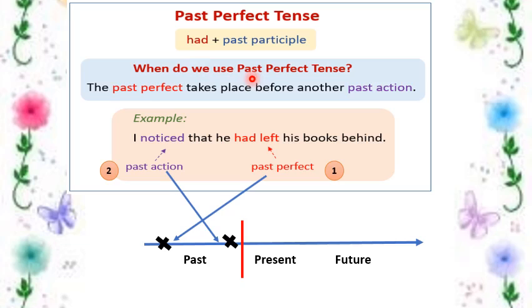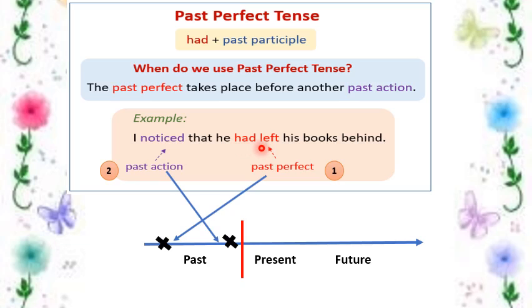When do we use past perfect tense? The past perfect takes place before another past action, as I have already mentioned. We can see the example here. I noticed that he had left his books behind. Now here two actions happened in the past, noticed and had left. We are going to guess which action happened first.